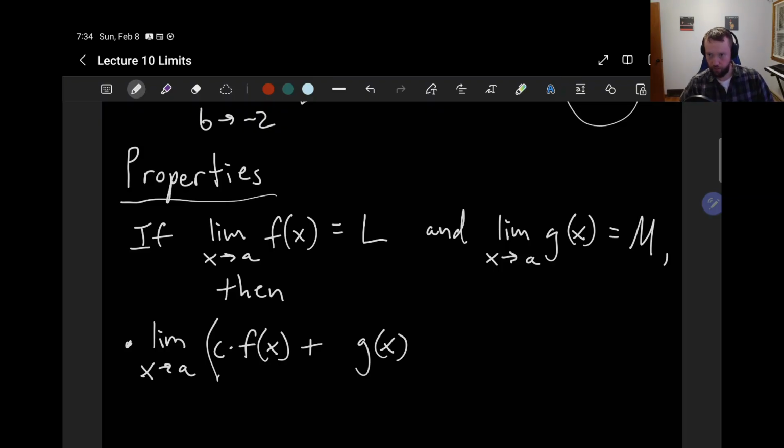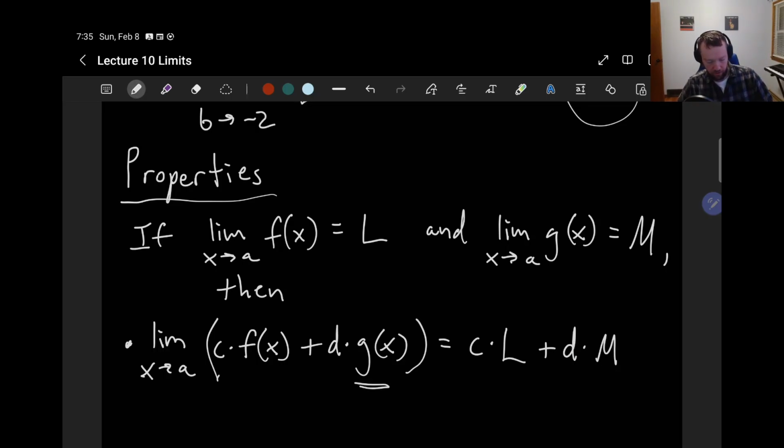So c is a real number, and d is a real number. When you bring them together like this, the new limit behaves very nicely. It's just that number c times f's individual limit of L plus d times g's individual limit.